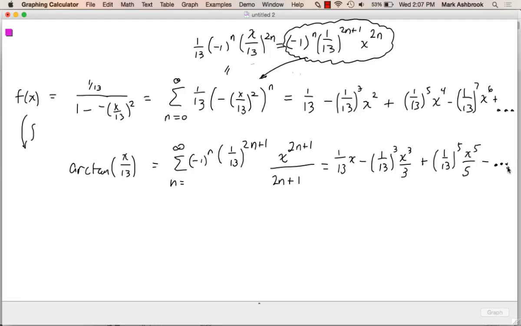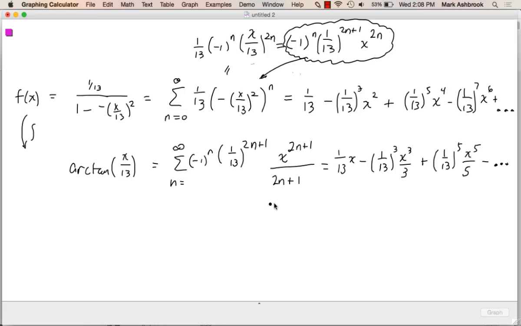Now, one thing we didn't talk about, and it never came up as an issue, but we should have, is what happens when you take the antiderivative of a function and it's an indefinite integral. When you do an antiderivative, you're really finding all possible antiderivatives. So we should have added a constant, plus c, and then figured out what the constant is. In all cases that we saw, the constant was 0, and that's why we got away with it without doing it.